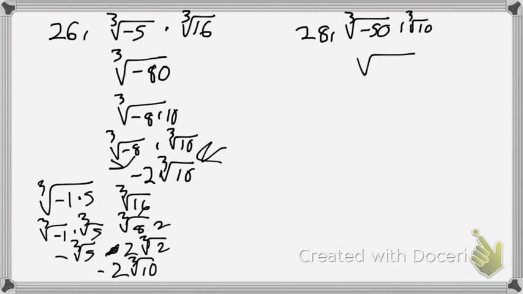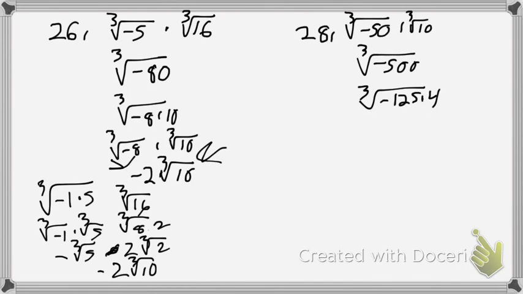So number 28. We have the cubed root of negative 50 times the cubed root of 10. This gives me the cubed root of negative 500. So again, cubes, I'm looking for 8. That's not going to help here. 27's probably not. What about 125?